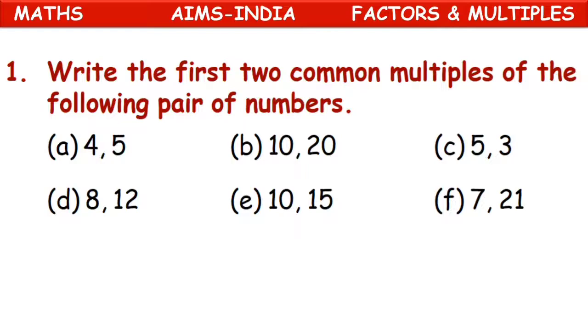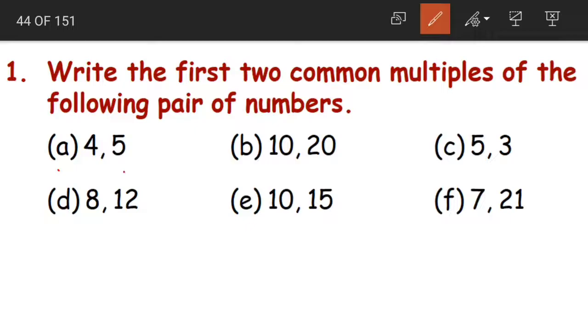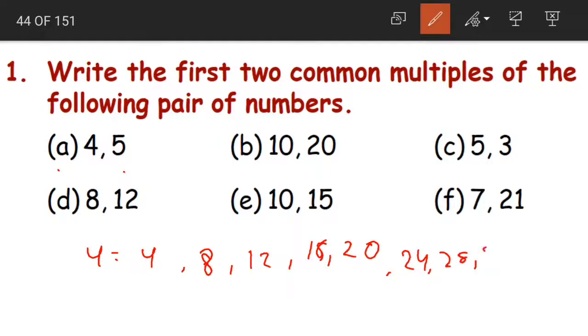Write the first two common multiples of the given pairs of numbers. First, 4 and 5. We have 4 ones are 4, 4 twos are 8, 4 threes are 12, 4 fours are 16, 4 fives are 20, 4 sixes are 24, 4 sevens are 28, 4 eights are 32, 4 nines are 36 and 4 tens are 40.